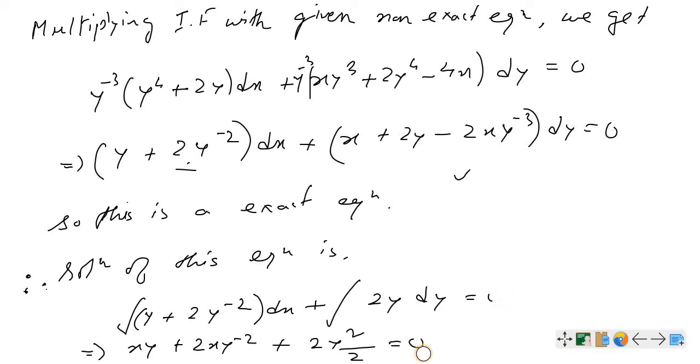So finally my answer will be xy plus 2x by y square plus y square is equals to c. So this is the solution of this question.